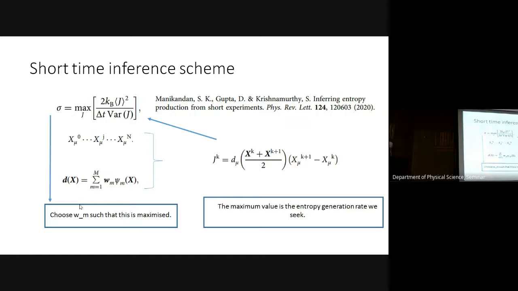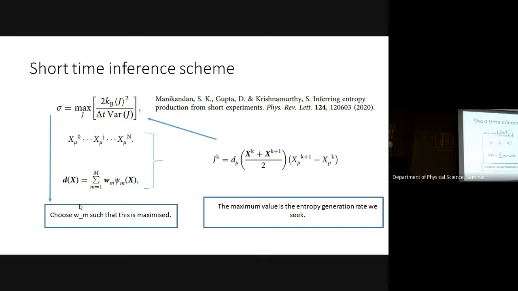Let it be any function, whatever is convenient for you. Take the function and then calculate this quantity, which is the flux in the x space from one time step to another. From every time step, you will get a value of the flux. You calculate their mean and square that. You calculate their variance, divide it by delta t, and you get sigma.